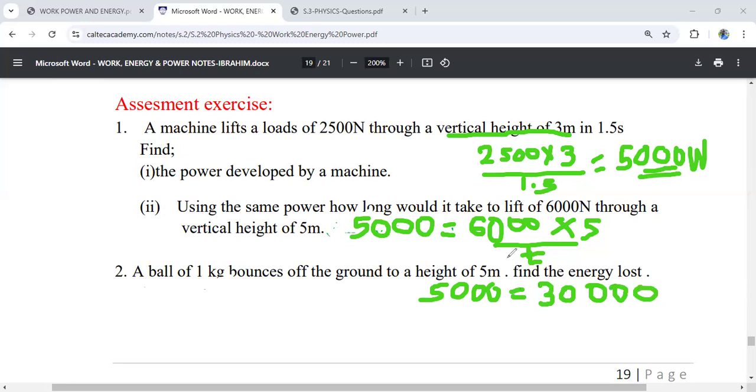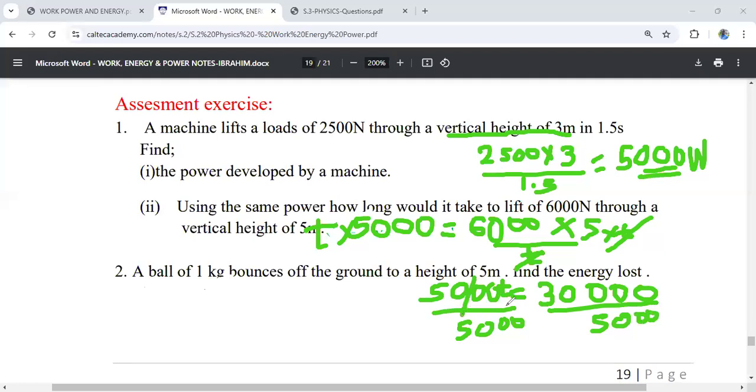Then this T, which is here, if we multiply it on both sides, you realize that this way it will cancel out, and here remain with 5,000 T. So we divide through by 5,000, and we divide this side also by 5,000. You realize that the time you'll be getting will be equal to 6 seconds.